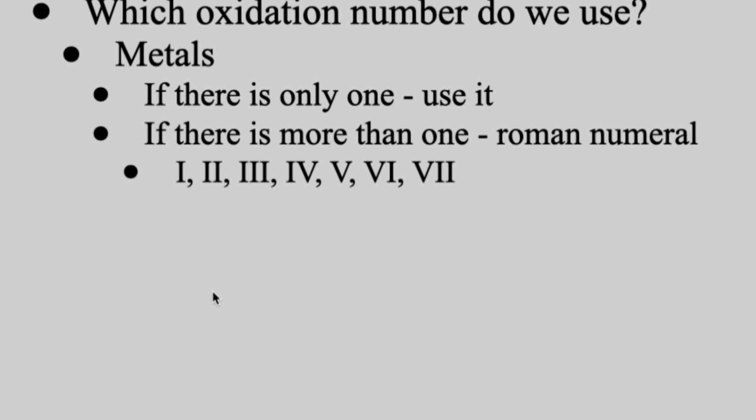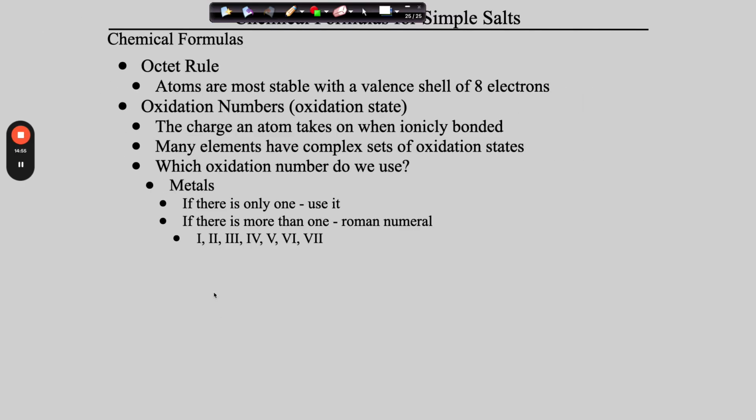So guys, the bottom line is this. Take, for example, carbon. Carbon can be +2, +4, or -4. So how do we communicate which one to use?